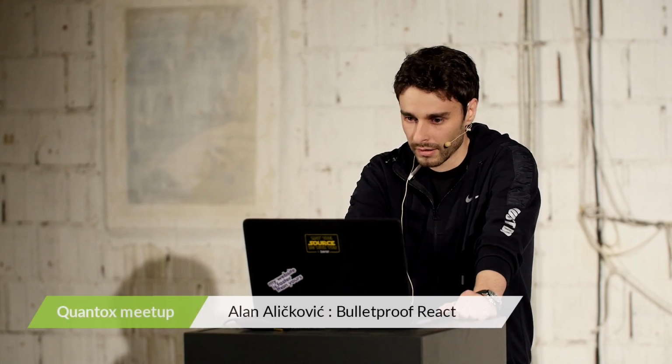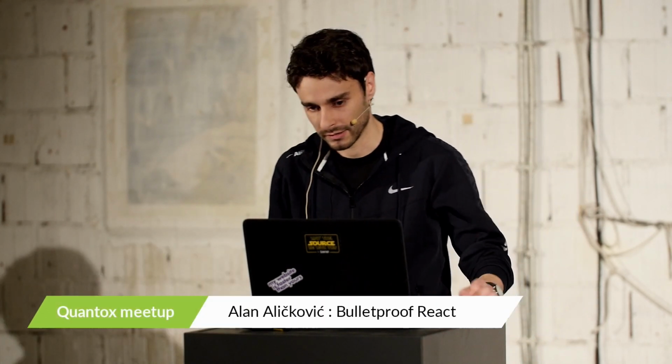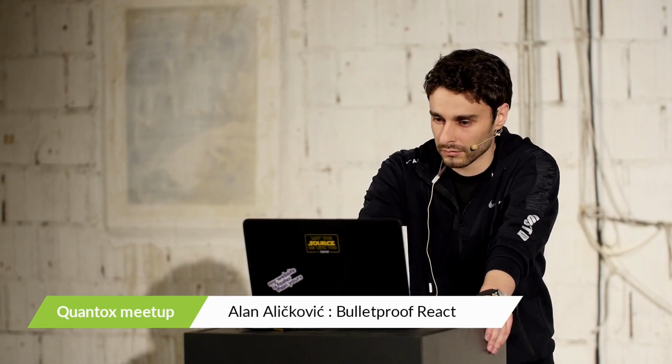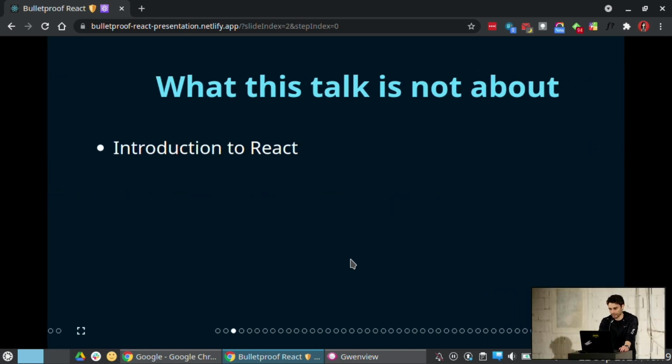So for those who don't know me, I'm Alan, a software developer at Quantox, and I mostly work with JavaScript, React Native, and Node.js. And today we're going to talk about Bulletproof React. It is a proposal for an architecture on how to build React applications.